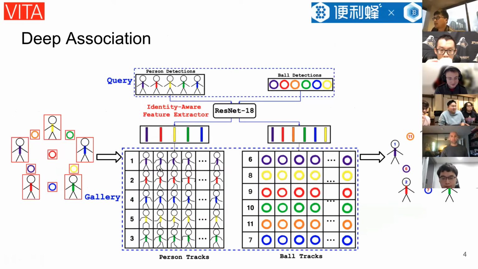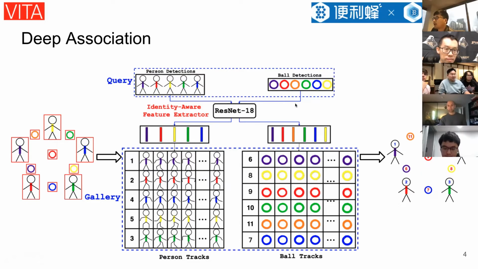This summarizes the pipeline of deep association. Given the detected bounding boxes of persons and balls as input, we use them as queries. We have person queries and ball queries, and we use a ResNet 18 as an identity-aware feature extractor to extract the feature embeddings for the persons and balls, and we feed them into a gallery.